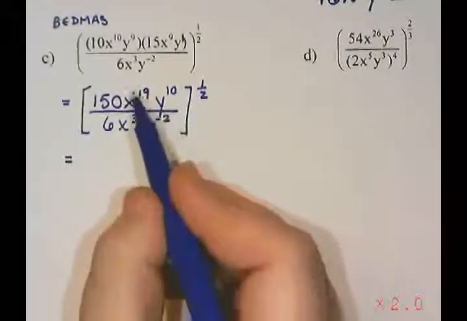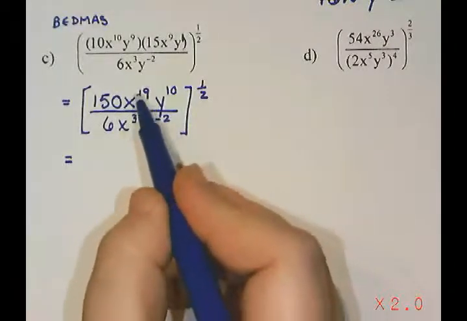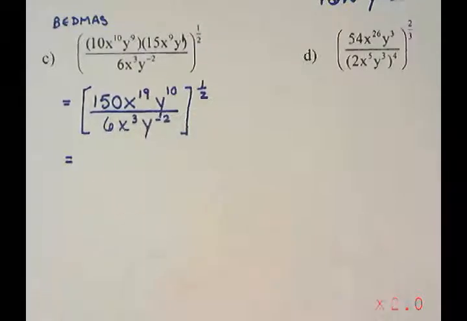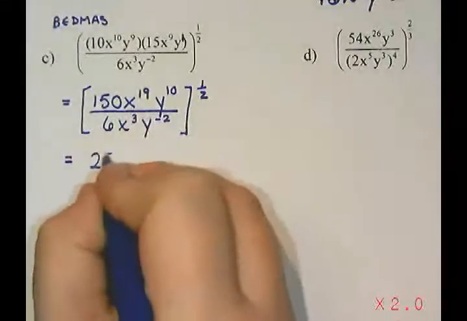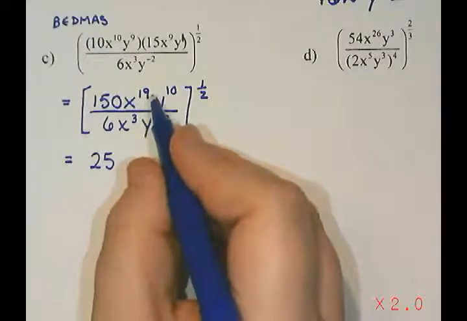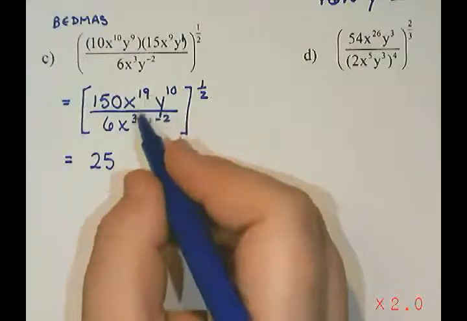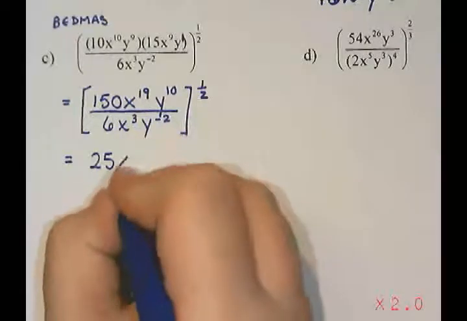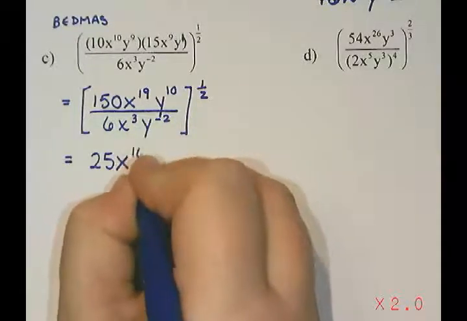On the next pass, we're going to deal with the division that's still inside that bracket. So 150 divided by 6 is 25. The rule for division is that we subtract our exponents. So x to the 19 divided by x to the 3 gives me x to the 16.